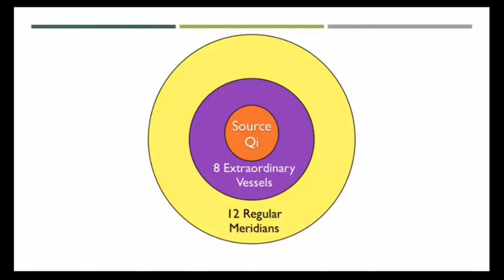So we're going to investigate the 12 channels. So we've looked at energy from the point of view of piezoelectricity, movement through vibration, and biochemicals being created in the body.